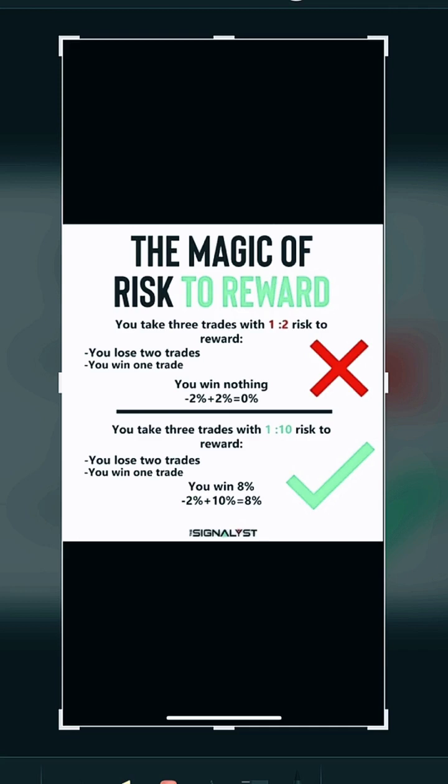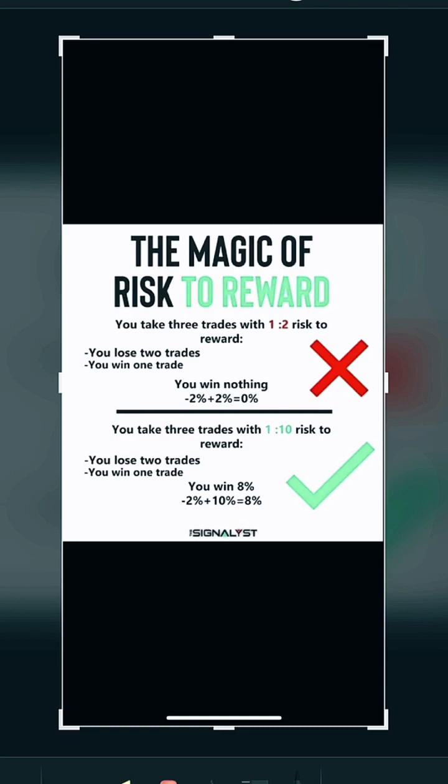Now, I also want to point out the magic of risk to reward, right? So let's say you take 3 trades with the 1 to 2 risk to reward. And what is a 1 to 2? Let's say I'm gonna risk $1 to make $2. So the first trade, I lose 2 trades, and then I win 1 trade.